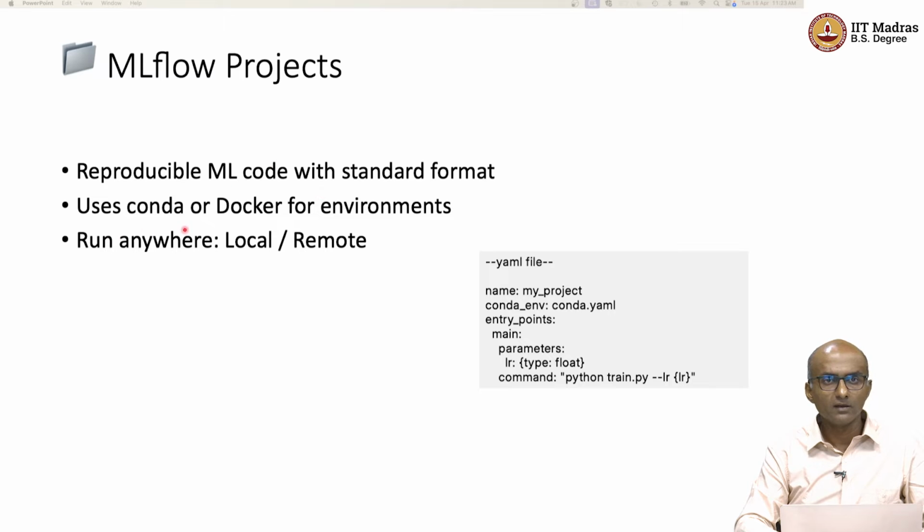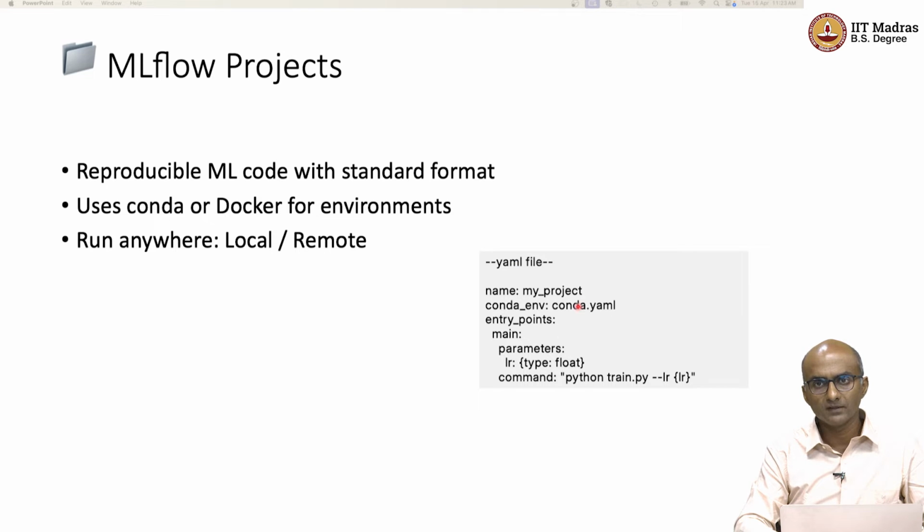Either which way, the ability to use standard representations for the environment is what MLflow projects provides. So this then allows you to take models which are registered with MLflow and run them both locally as well as remotely anywhere, because it's fully specified as to what needs to happen for the environment to support that execution of the model.